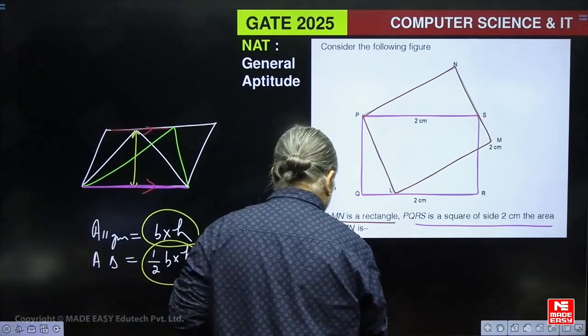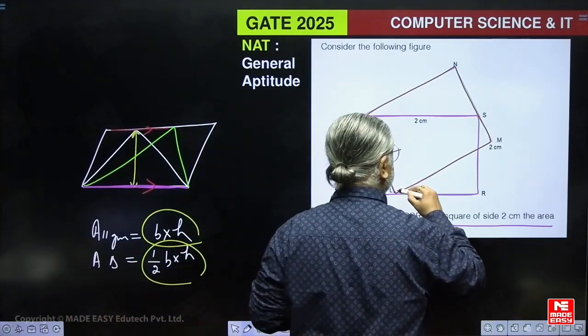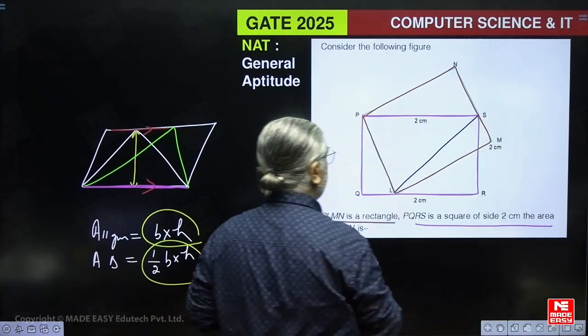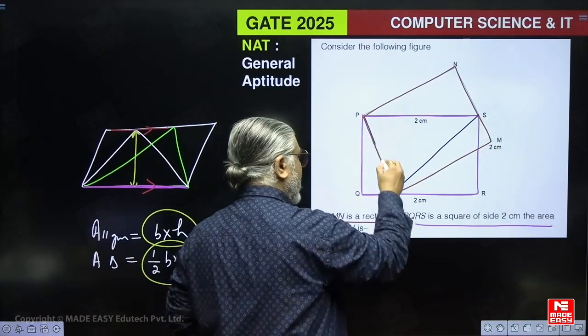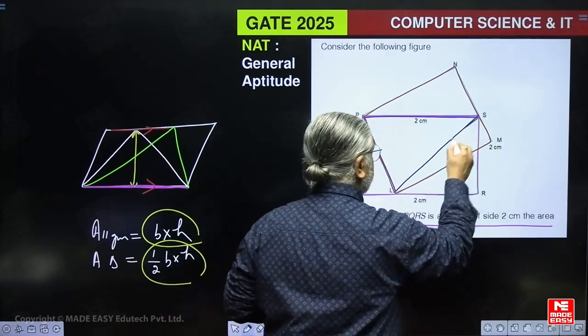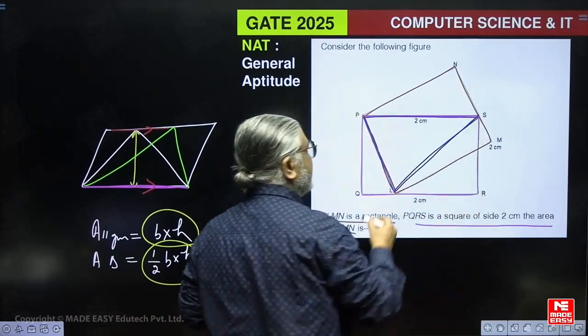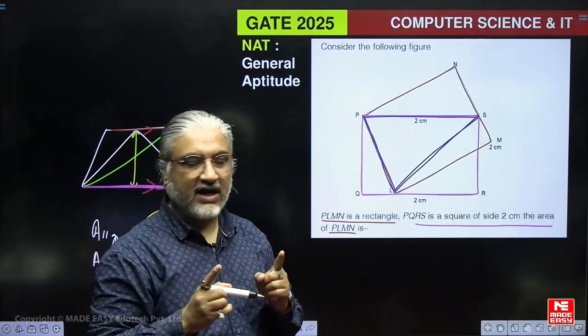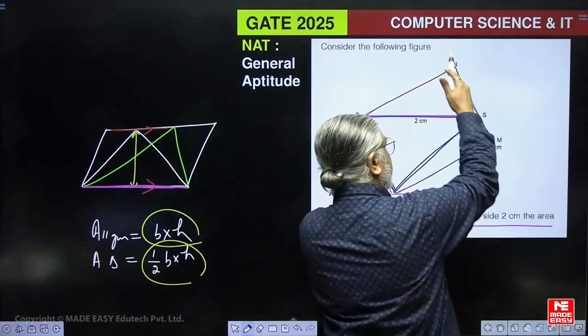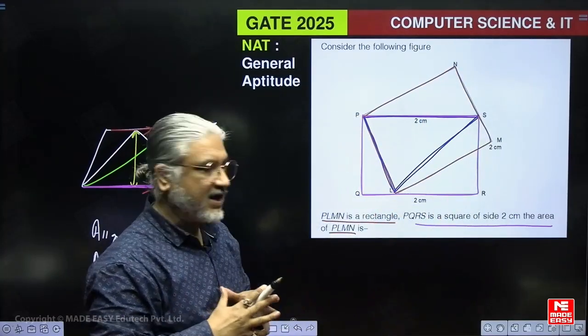We have to do a minor construction like this. Now we can say this blue triangle and the given rectangle PLMN stand on the same base and between the same parallels. A rectangle is also a special class of parallelogram.